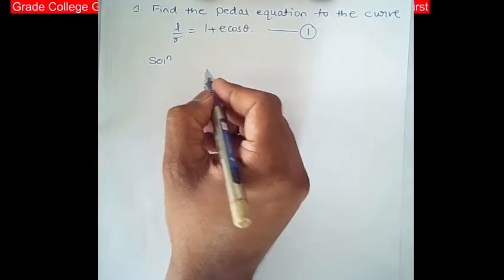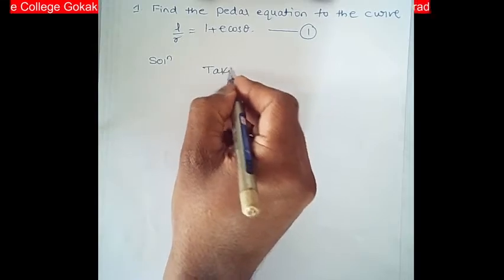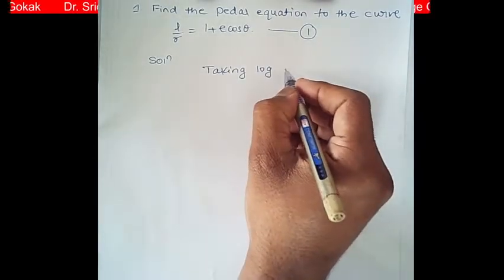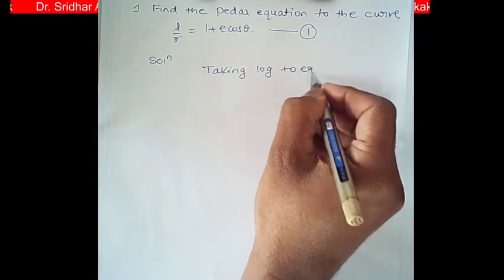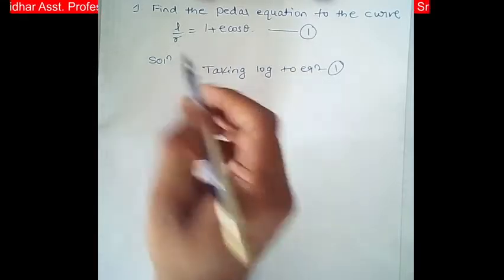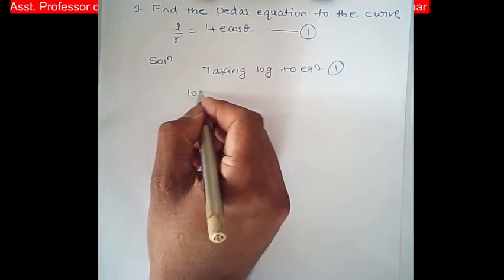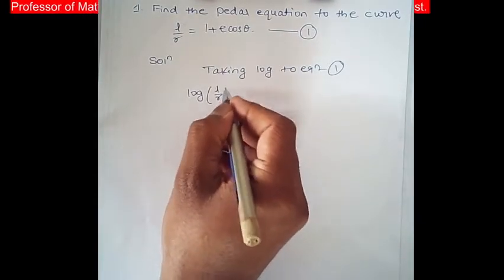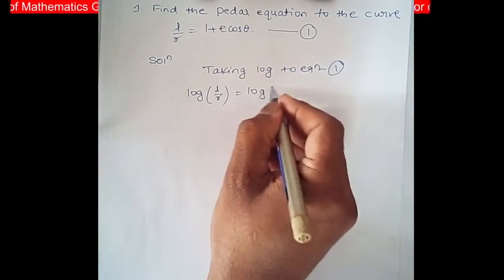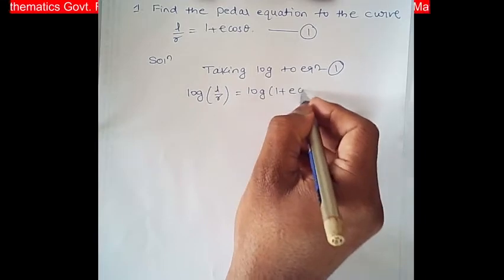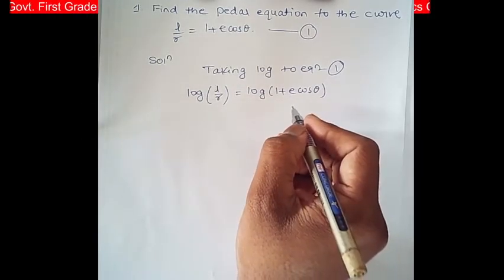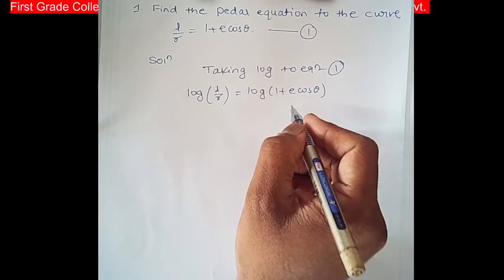Now taking log to equation 1. Okay, so to this equation we apply log, then what we will get? Log of L by R is equal to log of 1 plus E cos theta.